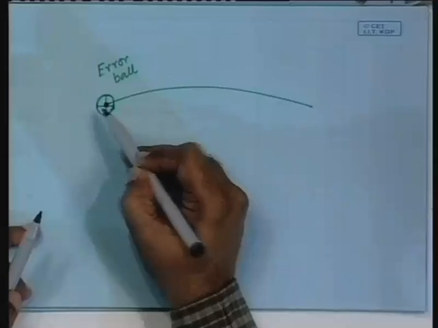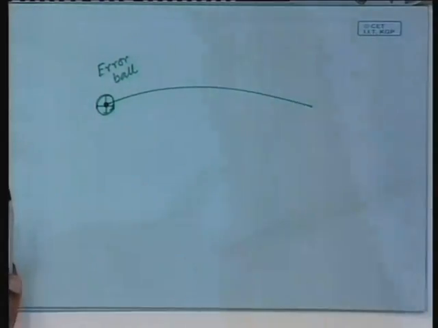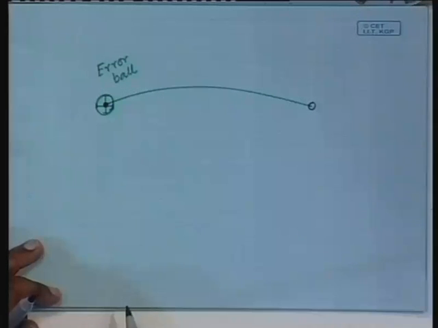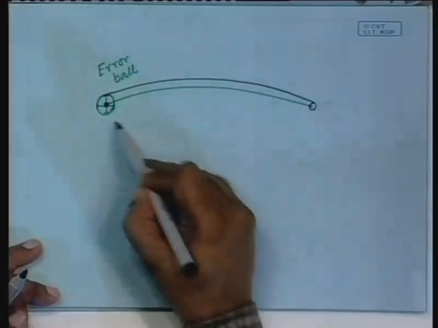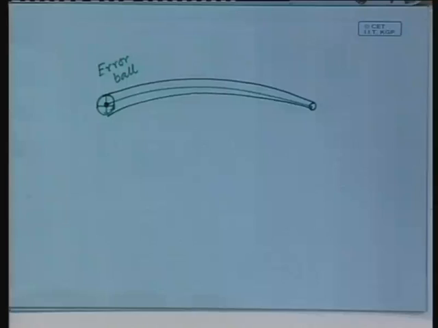If you do that, then the error ball will change in shape. Error ball will change in shape when it reaches here. Okay. Suppose it has become this much, which means that it has evolved somewhat like this. A bigger error ball has become a smaller error ball.